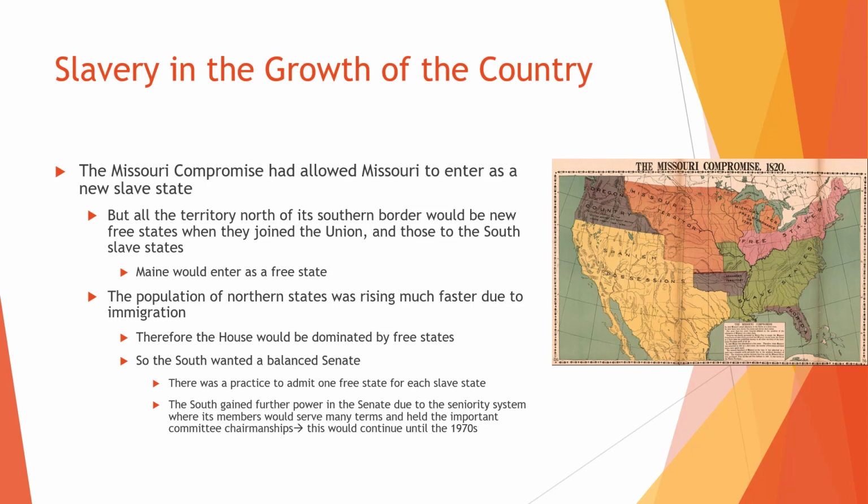Since the House, even with the 3/5 clause, was more based on population, as states like Ohio, Pennsylvania, Massachusetts, New York and eventually Illinois and others filled up with a lot of new people, they were getting a lot more representation in the House of Representatives. So the South wanted the balanced Senate. One of the other things that helped the South is that the Senate had a seniority system, so members would serve many terms as committee chairs. This would continue into the 1970s, frankly.